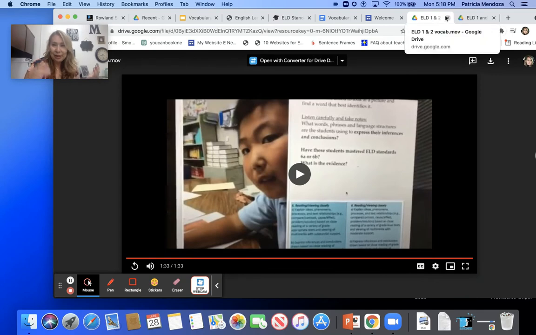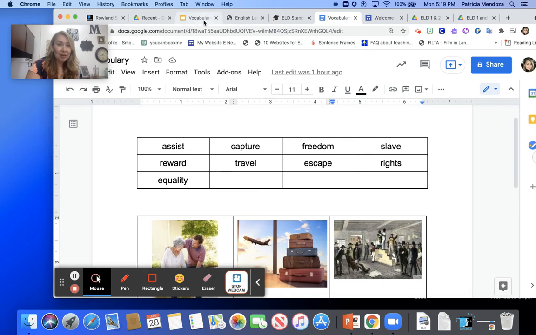So that's exactly what I wanted the students to be able to do: to justify their opinion based on just the details of the picture. And of course, by honoring that they come with assets, they come knowing things, they have experience. It's just that language is sometimes the hindrance right now when you're learning a new language.